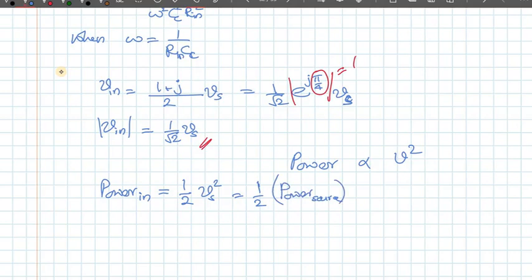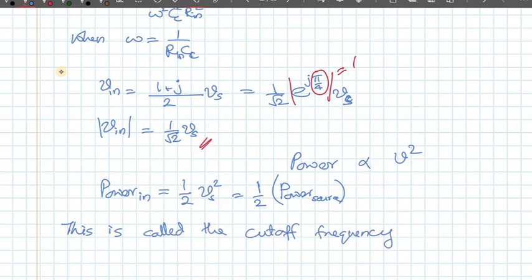So this particular frequency we call the cutoff frequency.